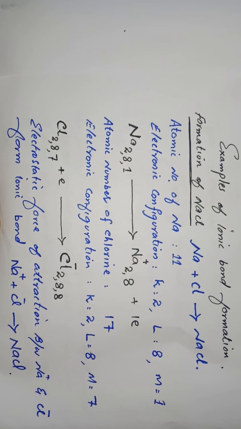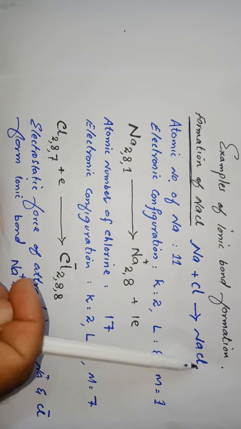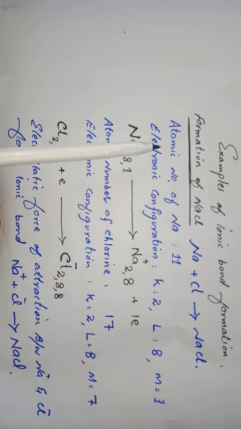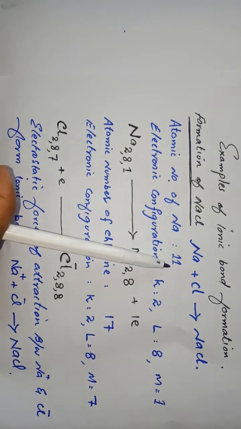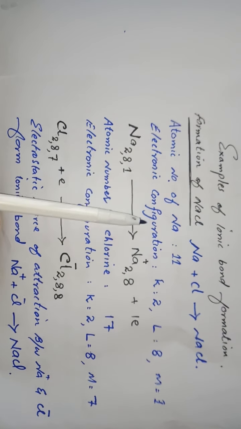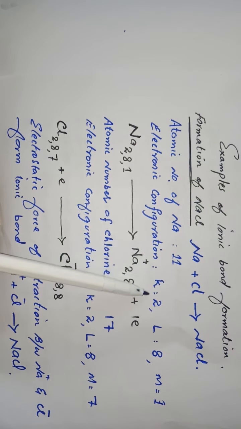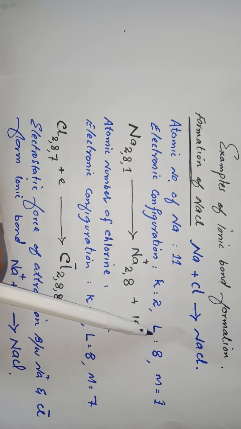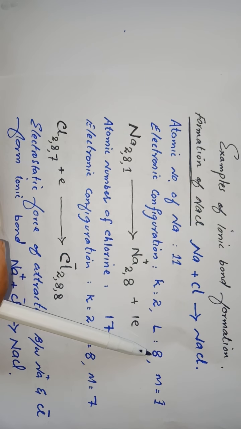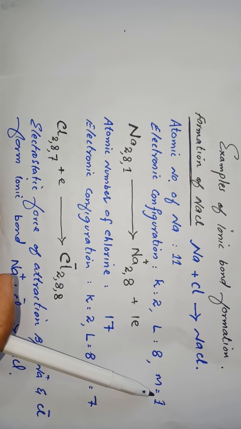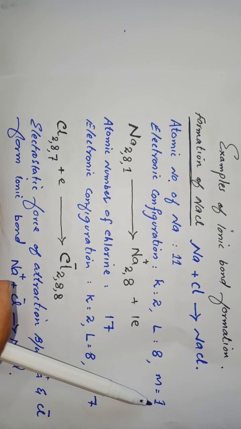Now let's take a simple example of formation of ionic bond. Sodium chloride is formed when sodium reacts with chlorine. The type of chemical bond in sodium chloride is ionic bond. We know that the atomic number of sodium is 11. The electronic configuration of sodium: in the first shell it has 2 electrons, in the second it contains 8 electrons, while in the last shell it contains only 1 electron.